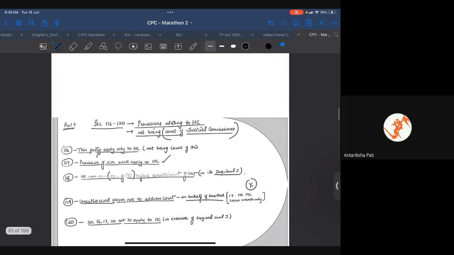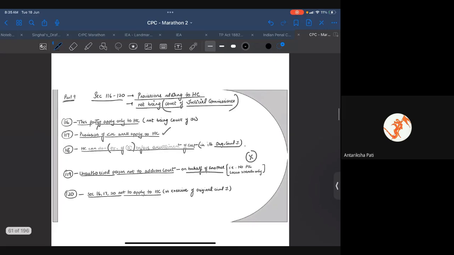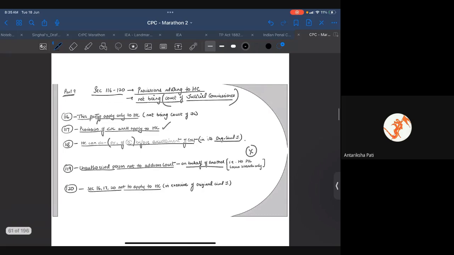Now 116 to 120 are provisions relating to High Courts not being the court of a judicial commissioner. It says that this part applies only to High Courts not being the court of a judicial commissioner. Now the provisions of CPC shall apply to High Court. 118 says High Court can do this, that is, execution of decree before ascertainment of cost in its original civil jurisdiction. Now 119 says an unauthorized person is not to address the court on behalf of another.